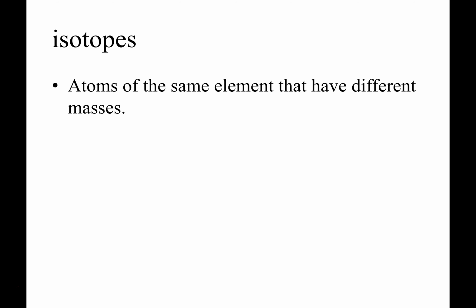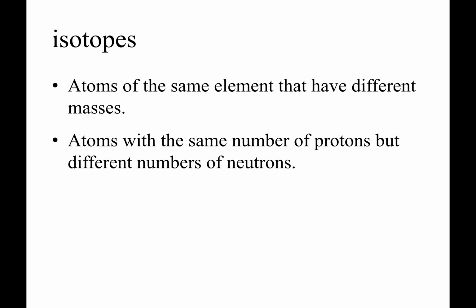So this idea of varying the number of neutrons, and again, phosphorus might not be a good example. I'd have to look at the data to see if phosphorus is an element that does that. But as it varies the number of neutrons, we get different isotopic forms of the same element. So what are isotopes?